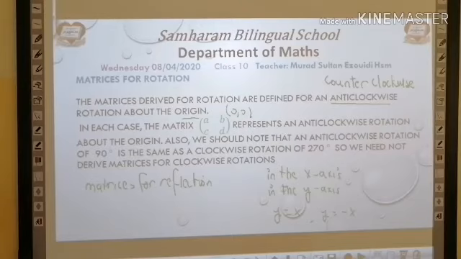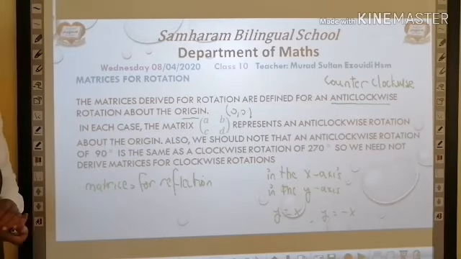Also, we should know that a counterclockwise or anti-clockwise rotation of 90-degree is the same as a clockwise rotation of 270-degree. So we need not derive matrices for clockwise rotation.